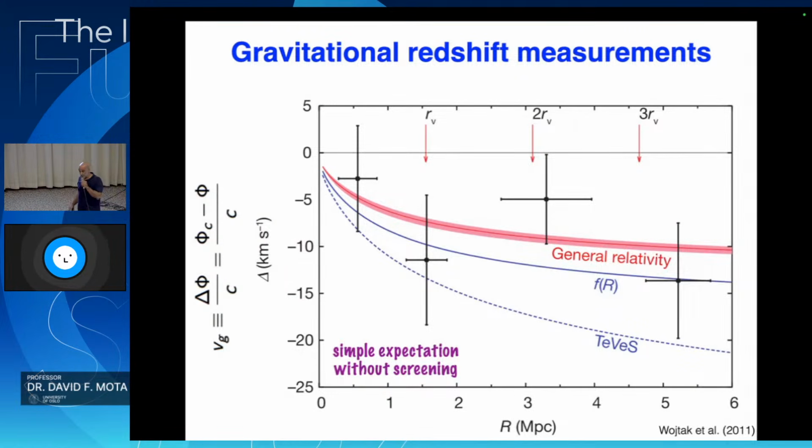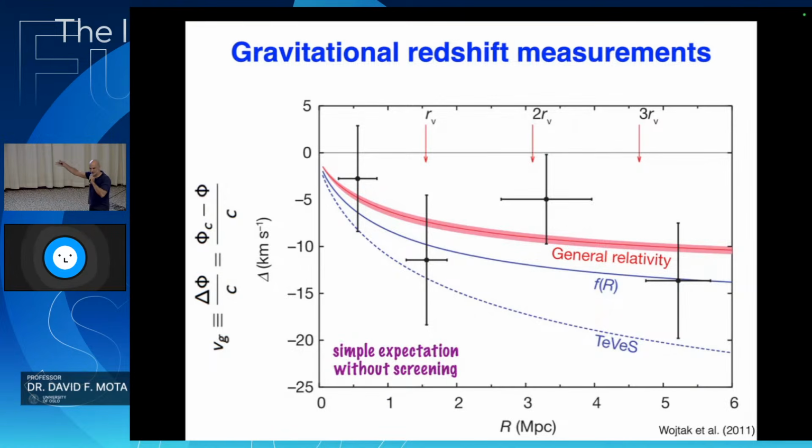And what people did, since I told you a few years ago, now is already 15 or 20 years, is that people have measurements of the gravitational redshift for clusters. These are the data points, with huge error bars, but it was a very big event because gravitational redshift was just a theoretical thing at cluster level.